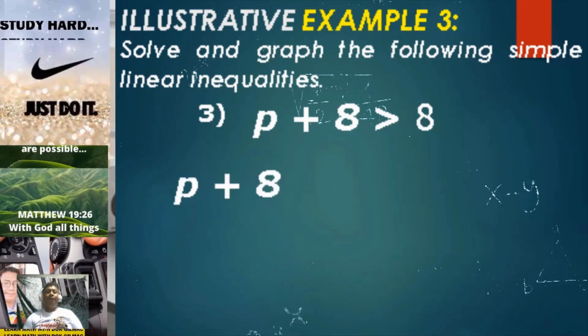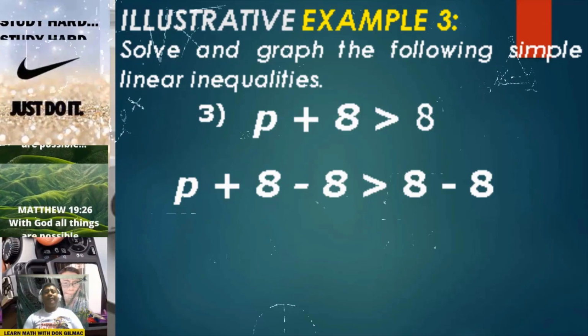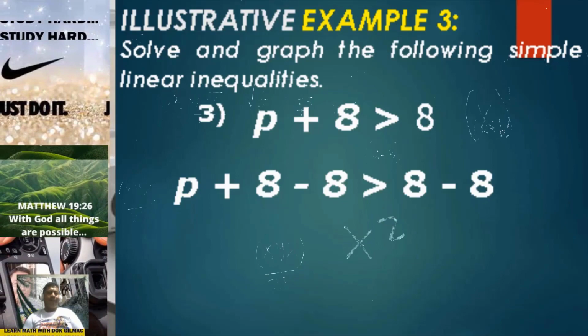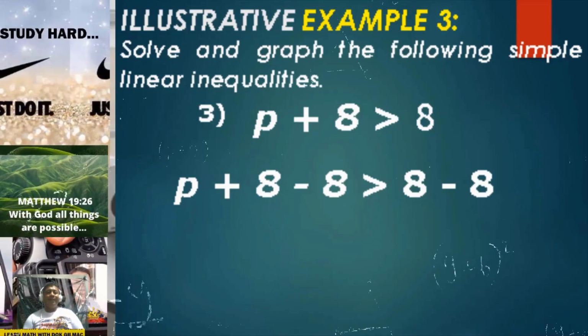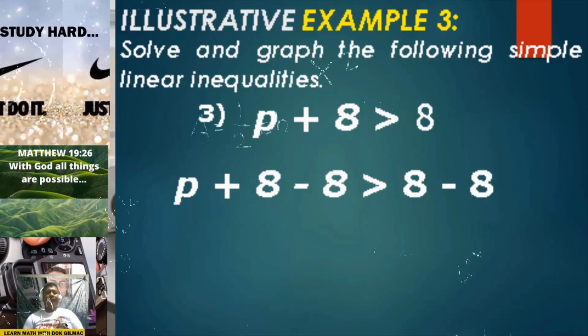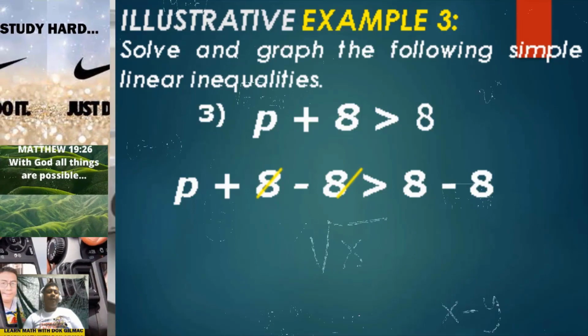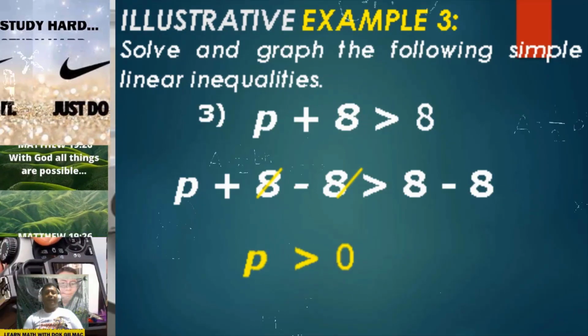So we have p plus 8 minus 8 is greater than 8 minus 8. Since 8 and negative 8 are additive inverses, we can just cancel 8 and negative 8. From here, we have p is greater than 0.